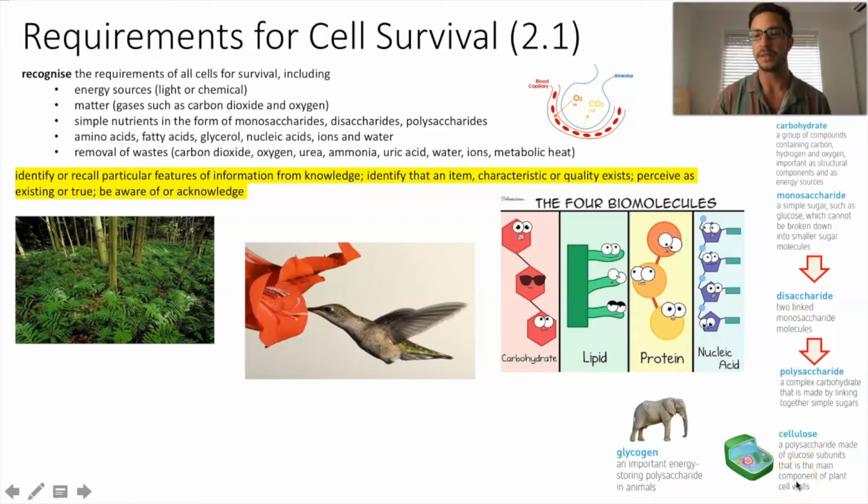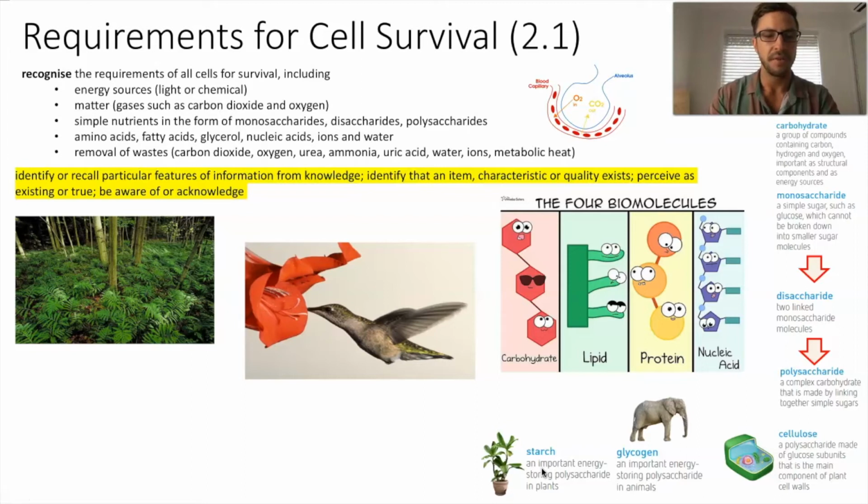It's a lot harder, it's a very complex sugar compared to other more simple ones. And as I said before, starch, it's an important energy storing polysaccharide in plants. So like humans convert glucose into glycogen, plants convert their sugars into starch to be stored.